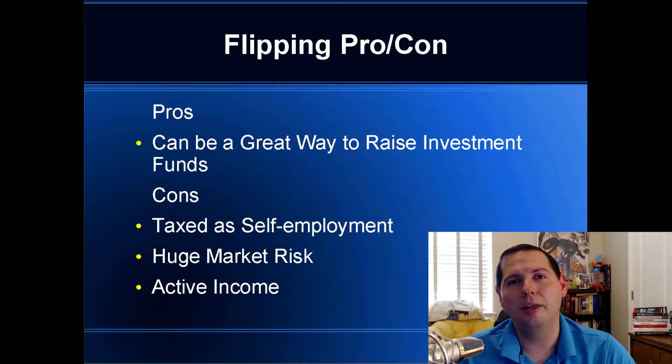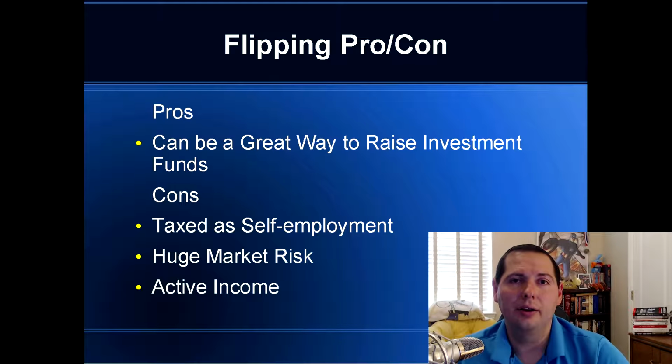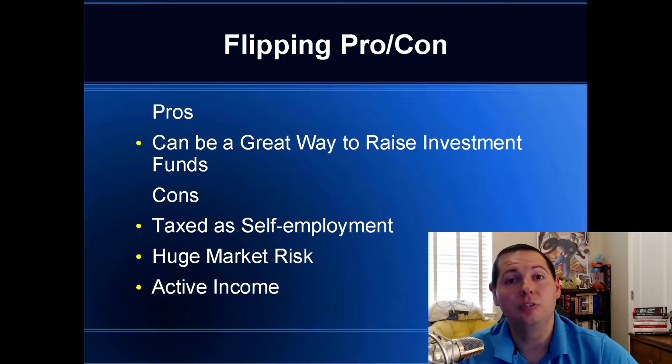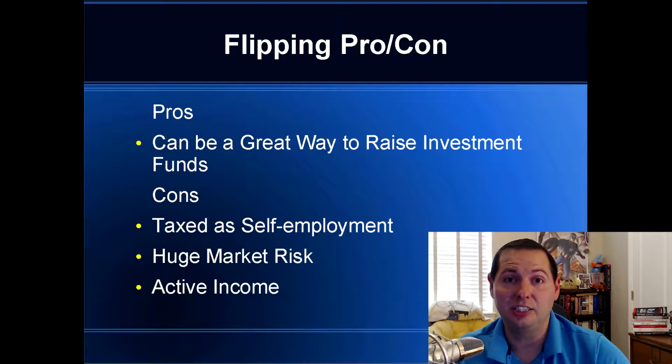Another issue with flipping, as far as cons, is the fact that it's taxed as self-employment income. So when you work, the IRS taxes you differently than if you are just investing for the sake of investing and you're a passive partner.